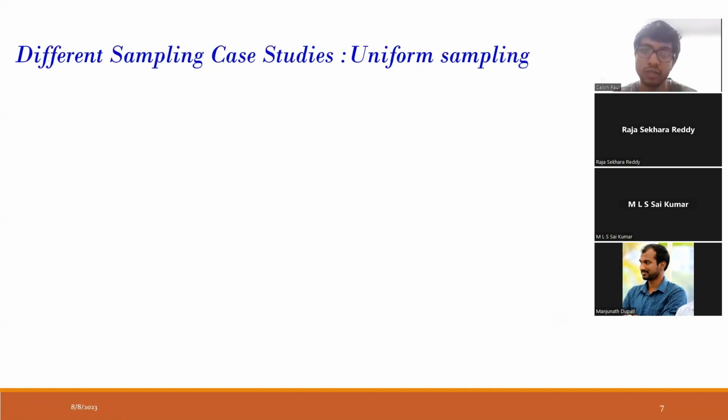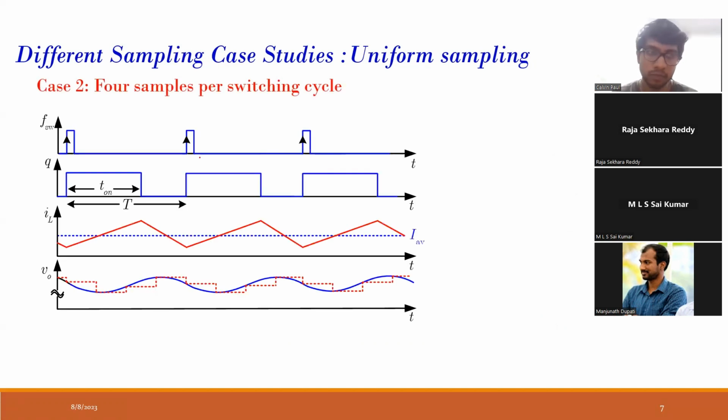Now we consider uniform sampling, but in this case, we are taking 4 samples per switching cycle. It looks like this. This is your normal inductor current, and this traces the normal output voltage.